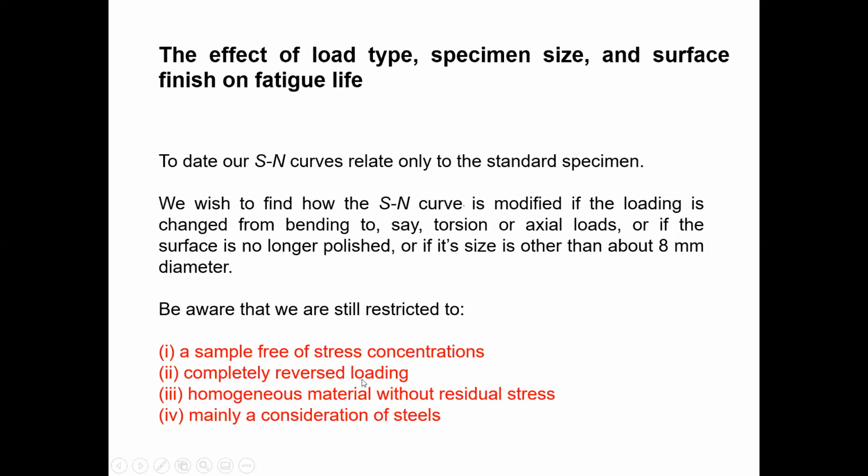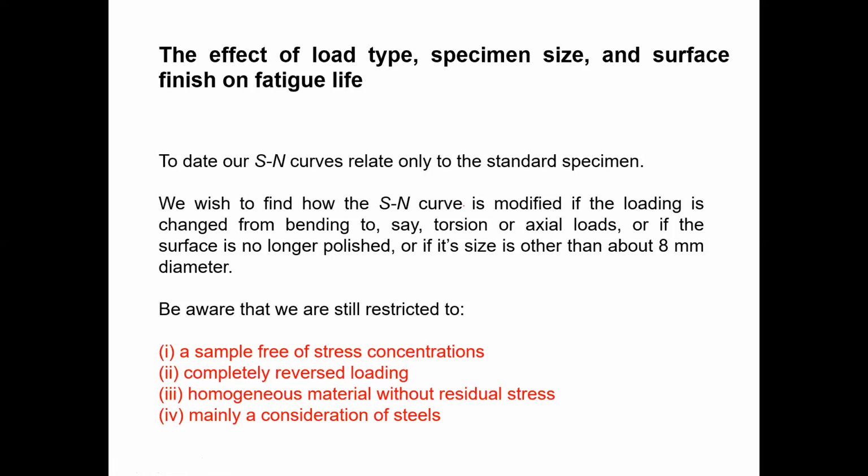Later on we will learn other types of loading as well. Complete reverse bending means if we apply plus 50 tension, at the same time we apply minus 50 compression as well. So the cycle varies from plus 50 to minus 50, or if it is plus 100, it will move to minus 100 as well.